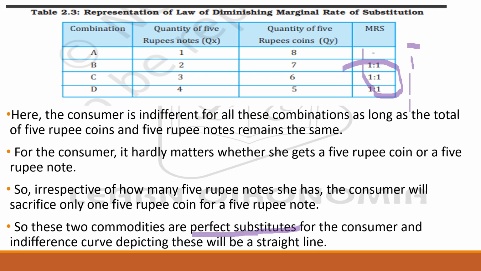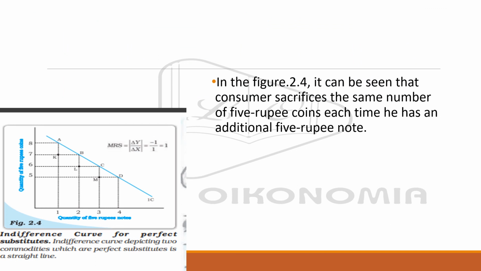So that will make your IC a straight line. This is your IC for perfect substitutes. Here the consumer would be sacrificing the same number of 5 rupee coins every time he has an additional 5 rupee note, and that is what is shown with the straight line.